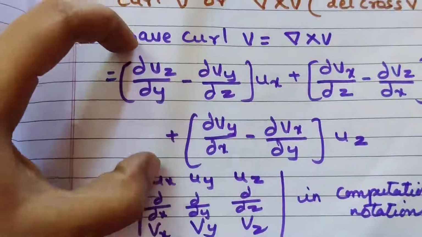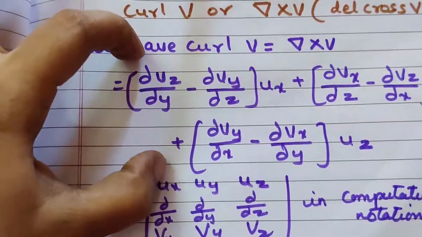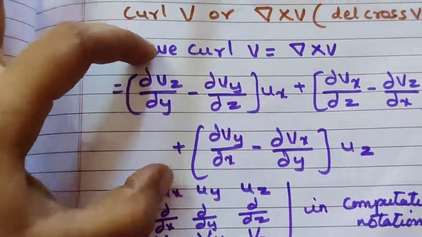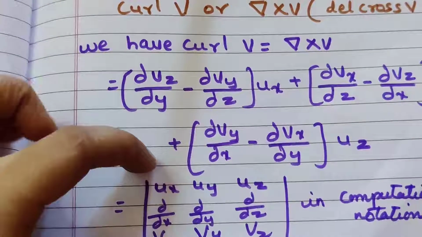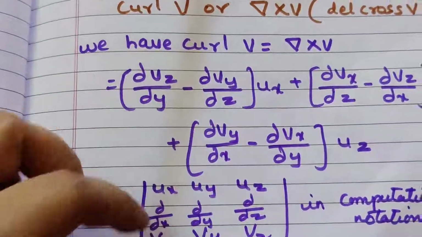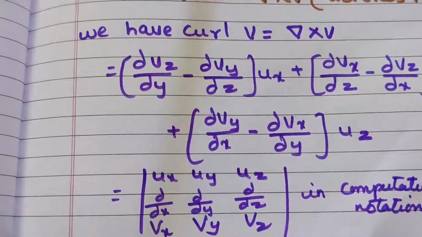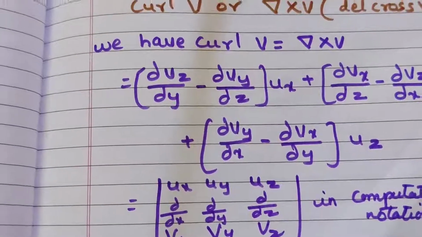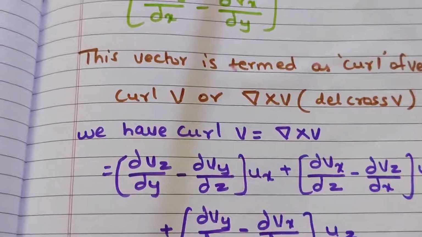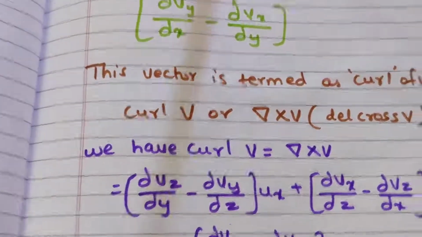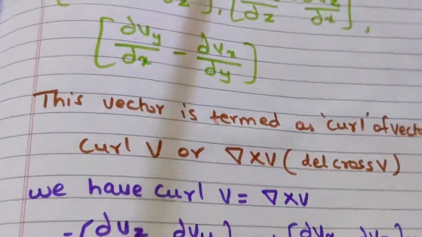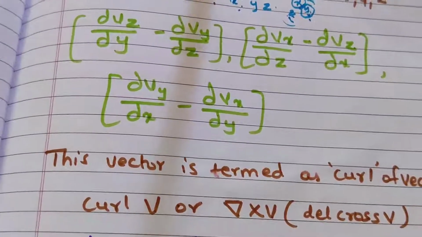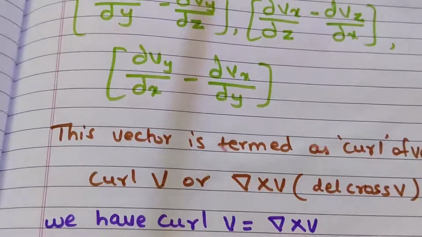So you can represent the curl del cross v in matrix form in this way. If you remember it like this, it will be very easy to derive the equations, or you can go with the x, y, z example I have given, or write it in matrix form.